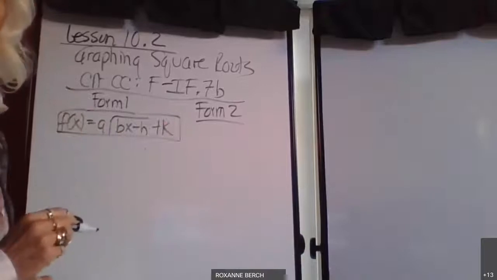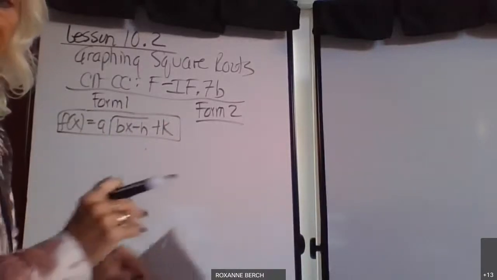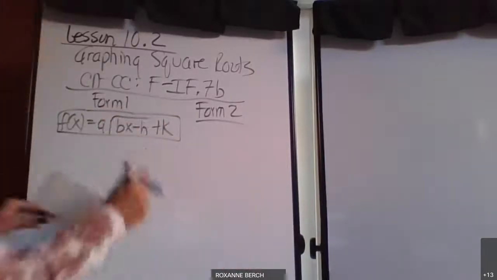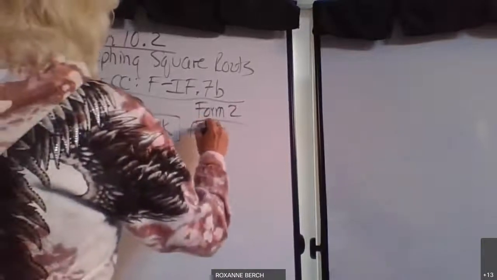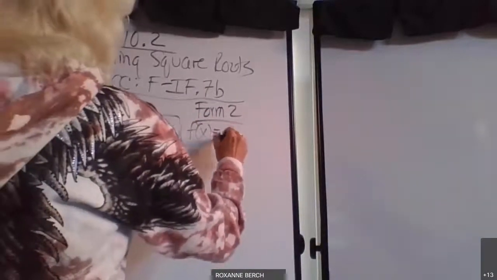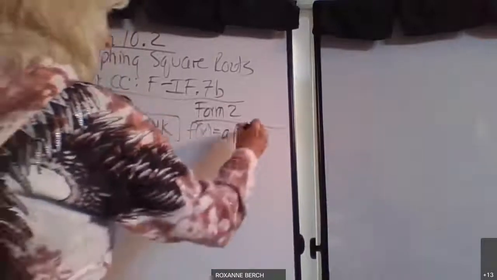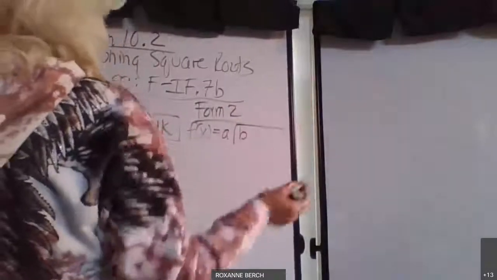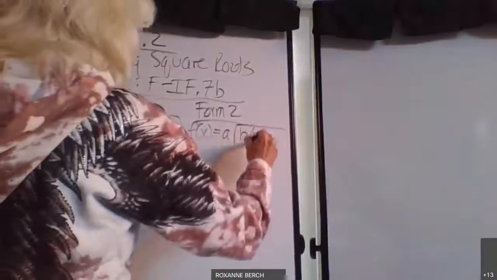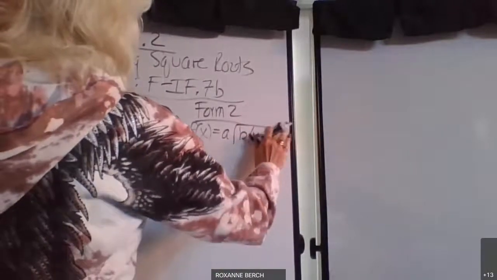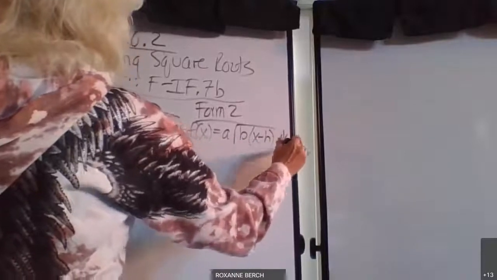This is no different than the quadratic, except that instead of a square, you have a square root. And then form 2 is a times the square root of b, and sometimes you see it as 1 over b, regardless, you know it's the reciprocal, the horizontal stretch or compression, times the parentheses x minus h, plus k is outside.